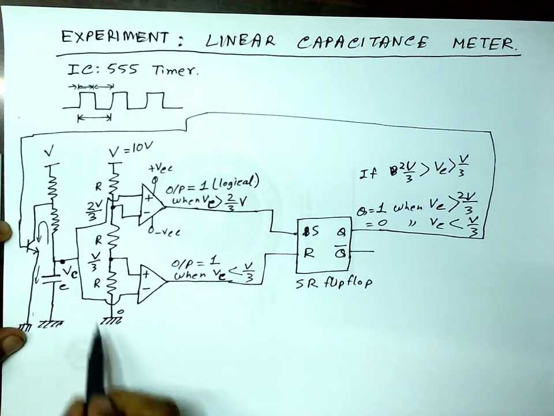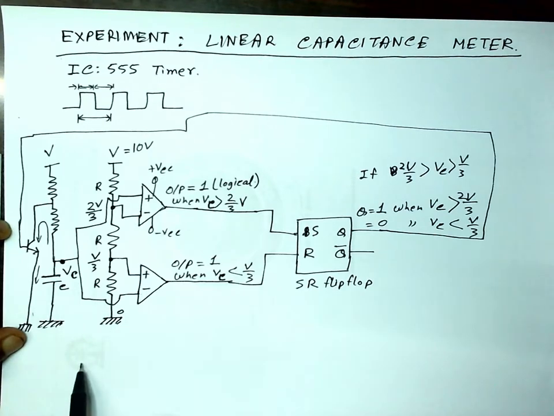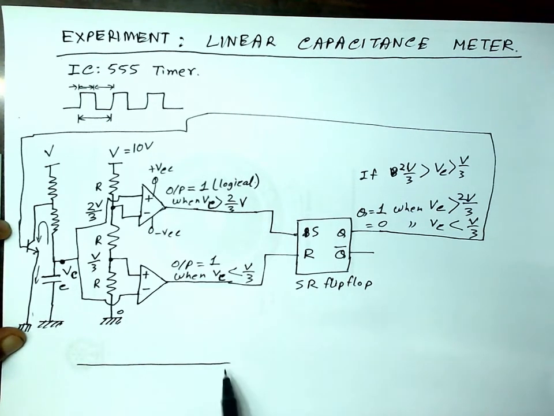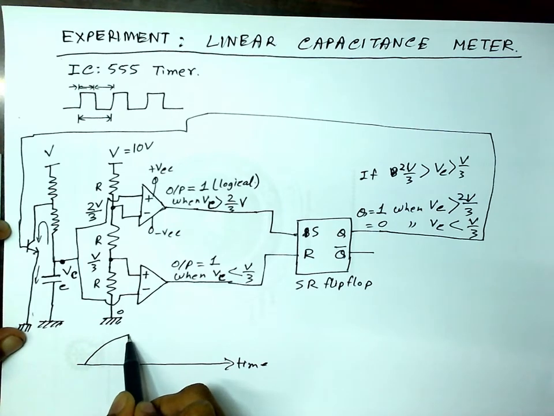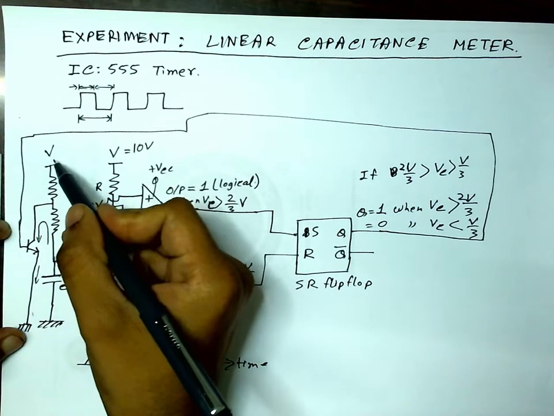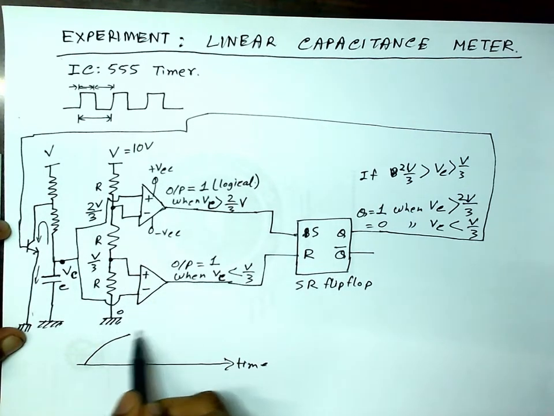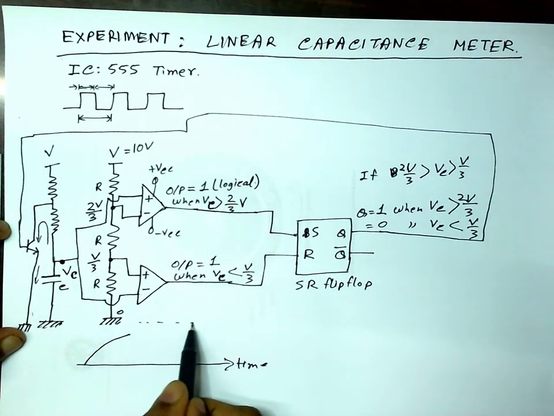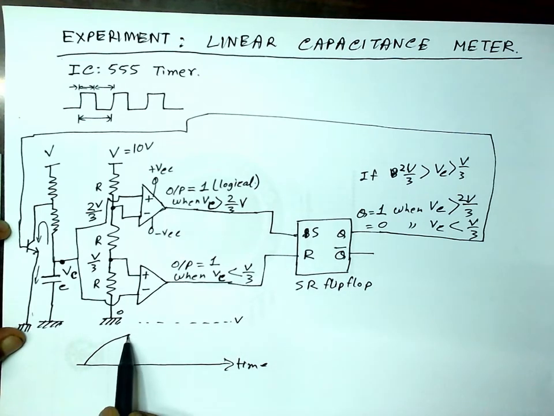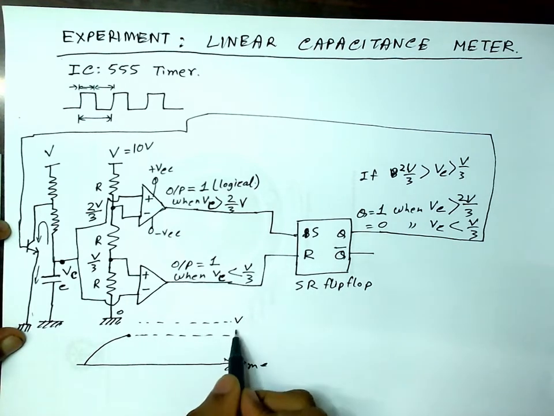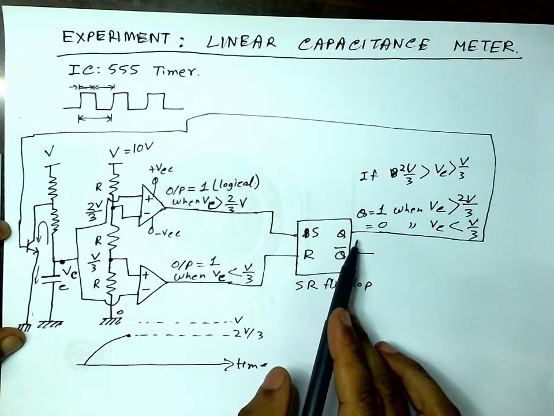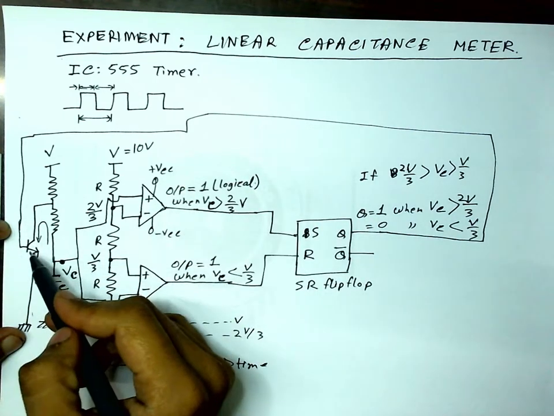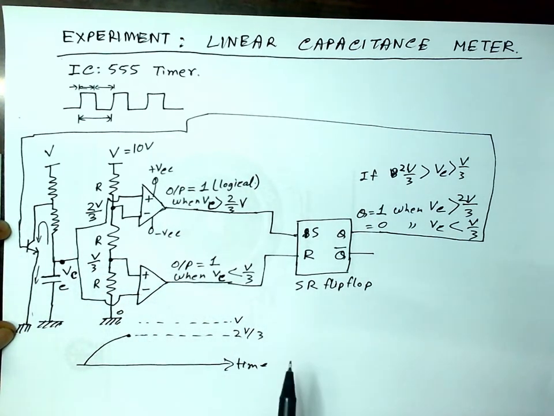So if I plot this VC as a function of time, if this is the time axis, then the capacitor voltage increases. It tries to go to the value V, but before it goes to V, say if this height is V, when it is at 2/3 of V, this Q will be 1, so this will turn on this switch and the capacitor will start to discharge.